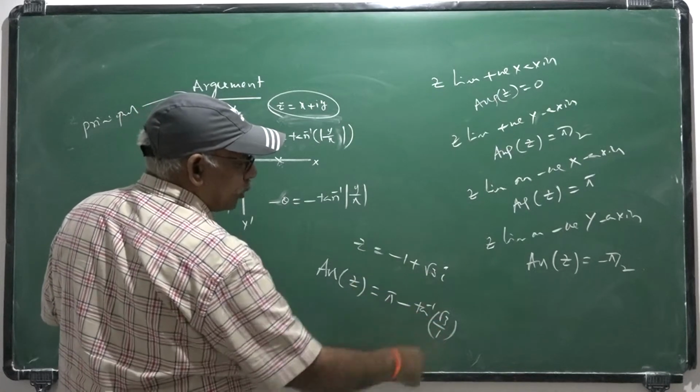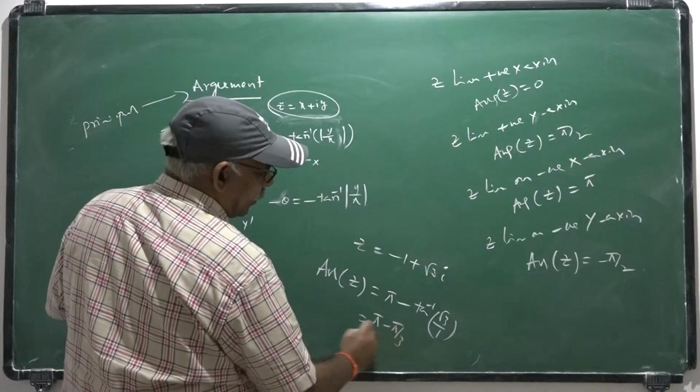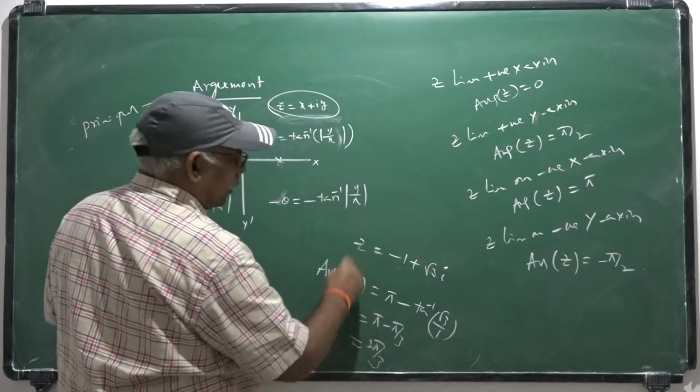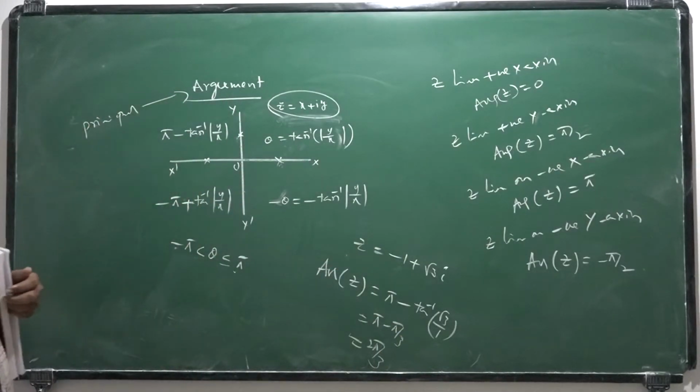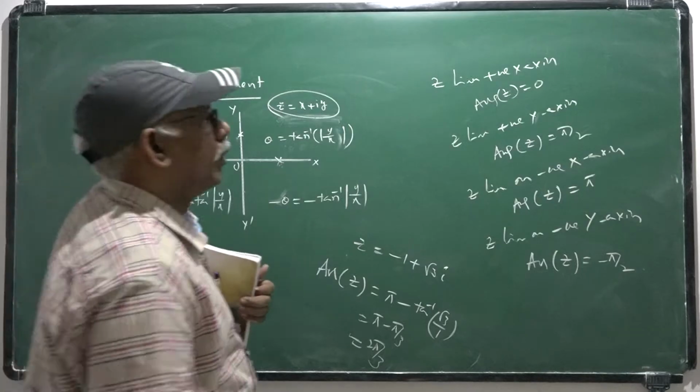Taking positive sense, tan inverse root 3 is pi by 3. So it is 2 pi by 3. Like that, you can get the principal argument, otherwise you can call it amplitude.